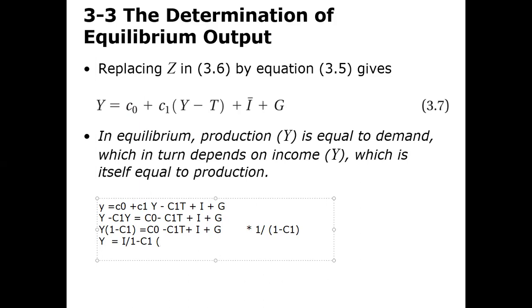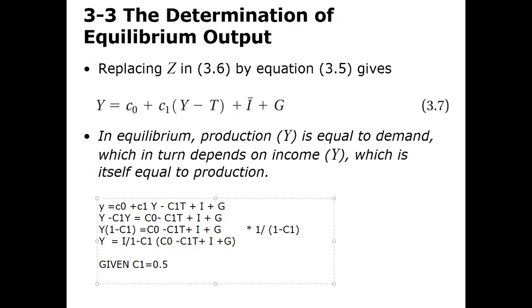Why? Because this is where the multiplier is represented, the accelerator, the power of the economy. And we are going to look at the meaning of this right now: C naught minus C1T plus I plus G, and then assume or given that C1, the marginal propensity to consume of this economy, equals 0.5.